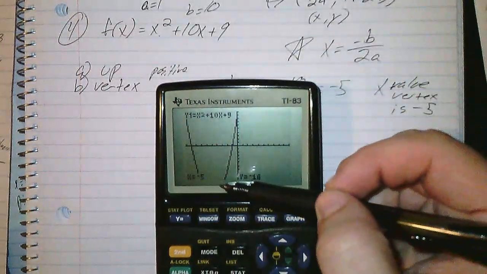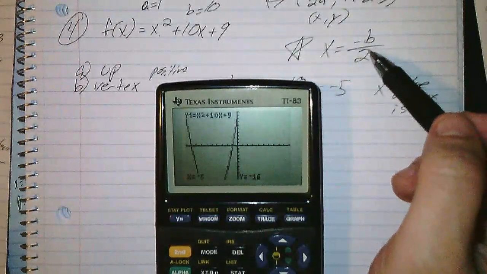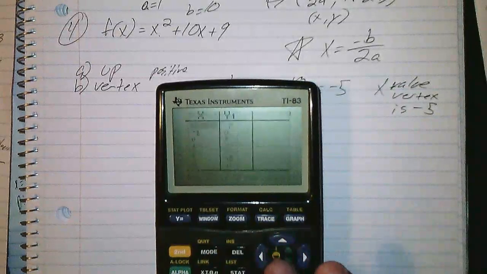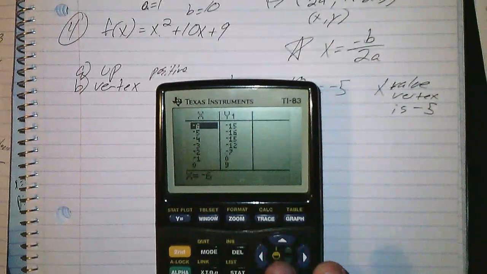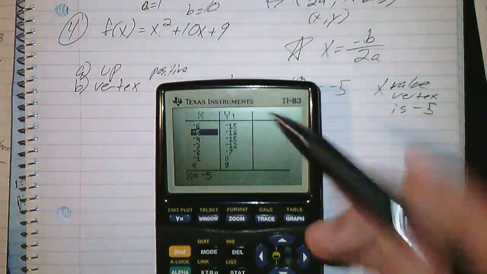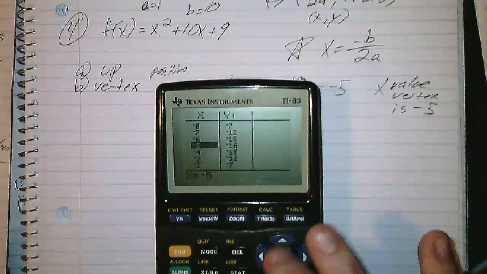Or we can just find the x value using -b over 2a. And we could even go to the table. And you see, if we look at the table, if you're a table kind of person, let's look at this for a second.